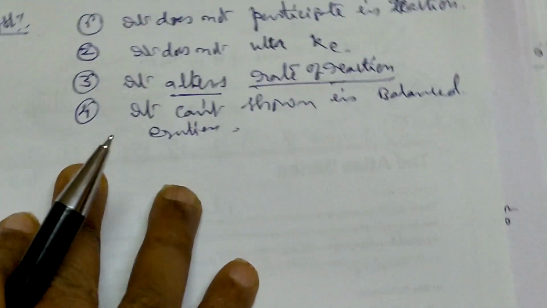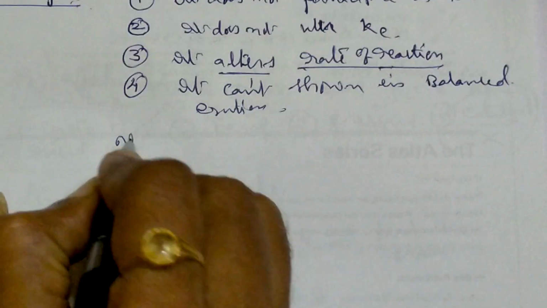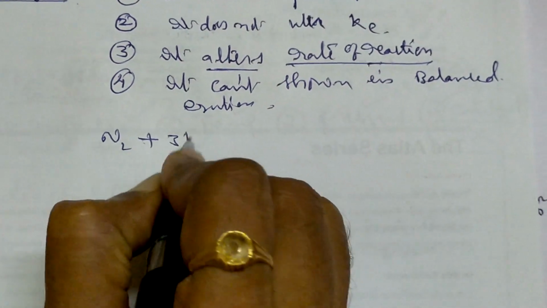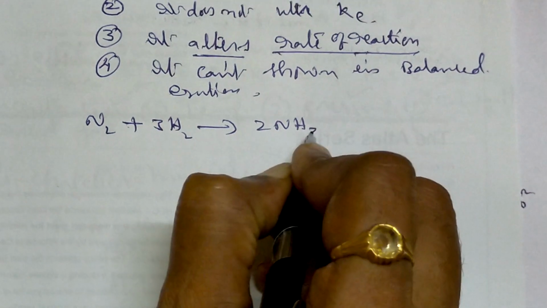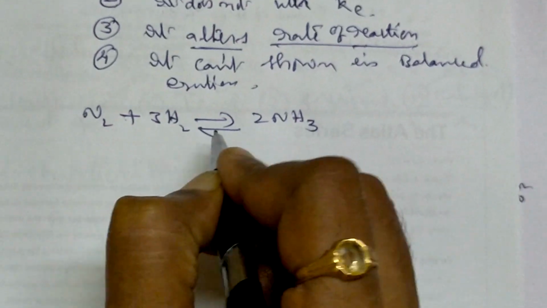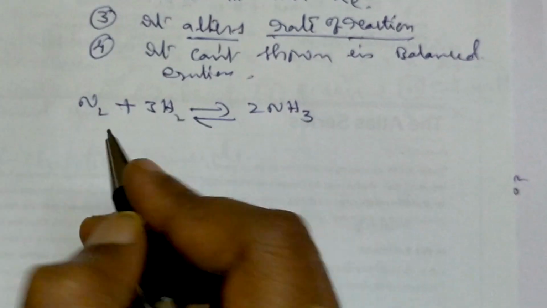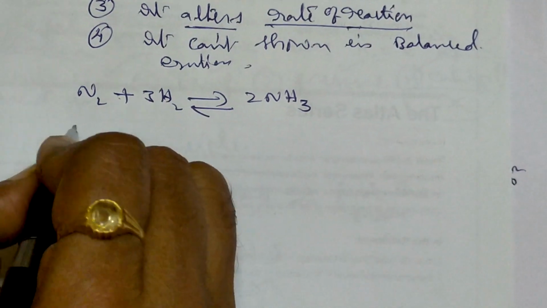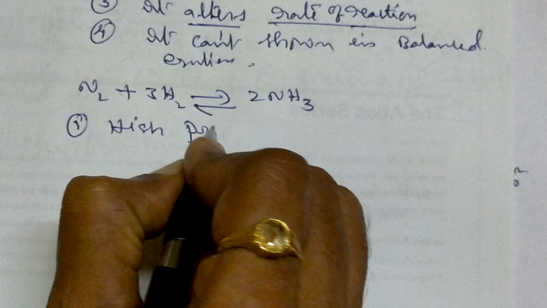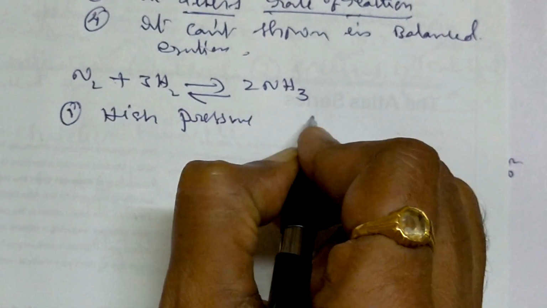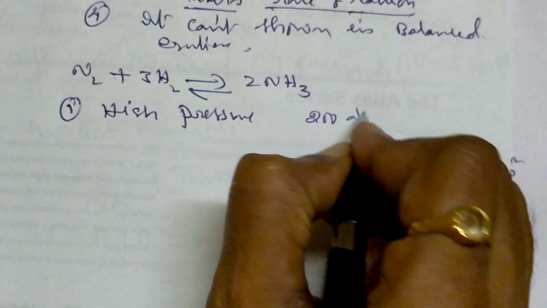So now coming back to our equation, nitrogen plus 3 hydrogen gives 2NH3. We have seen this is an equilibrium. Here we require high temperature, high pressure, around 200 atmospheres or bar.